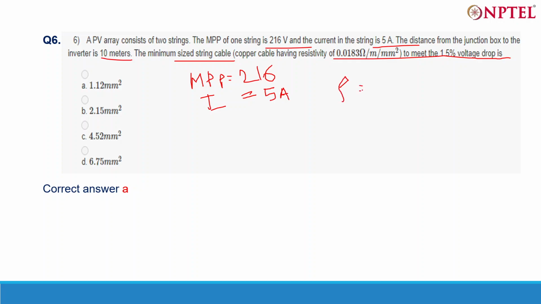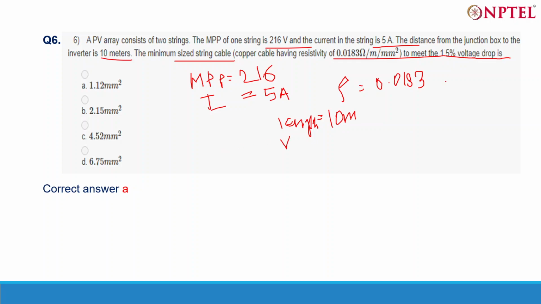Resistivity of copper is given 0.0183, and the units, ohm per meter per millimeter square. Okay, length of cable is given, L length. It's 10 meter.